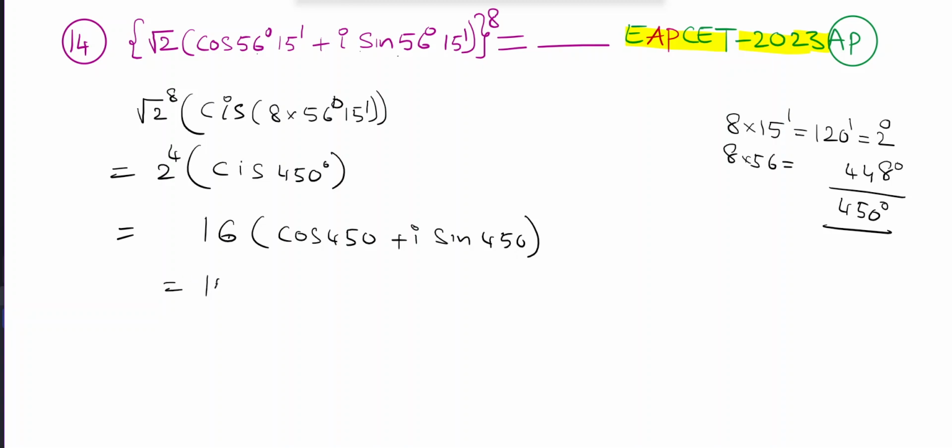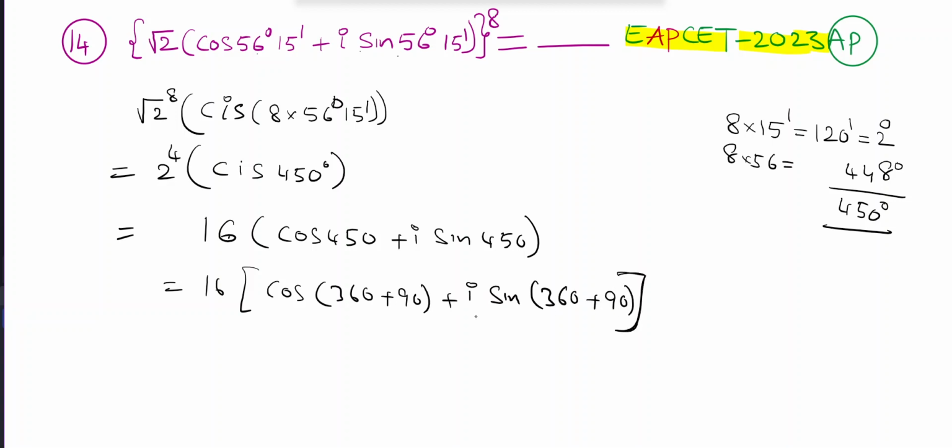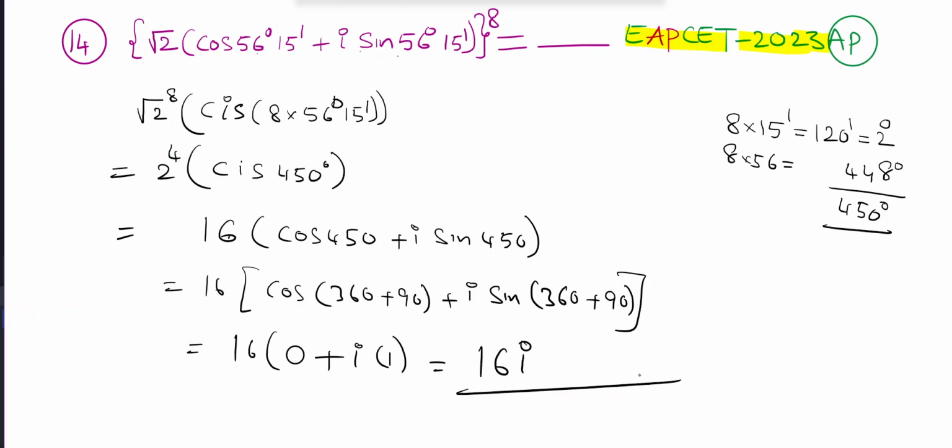This is 16 into cos(360° + 90°) plus i sin(360° + 90°). 360 plus theta is in the first quadrant. Cos 90 is 0, plus i into sin 90 is 1. That is 16i. This is the required answer.